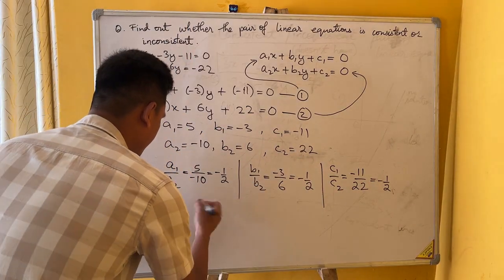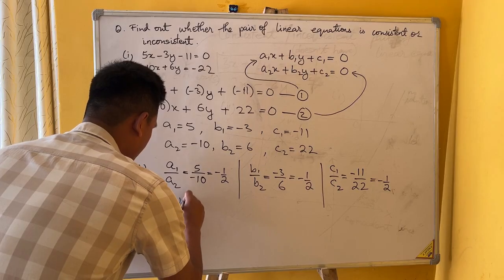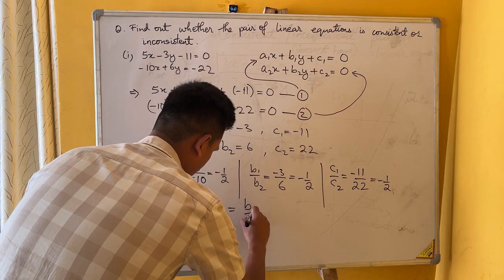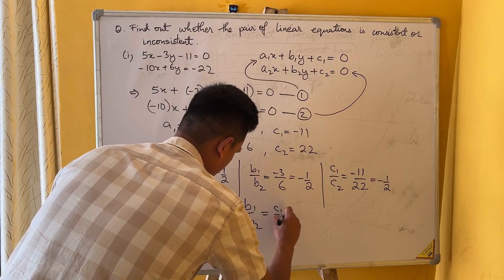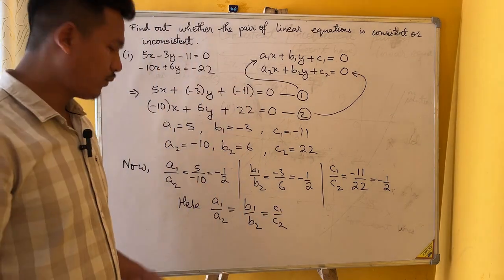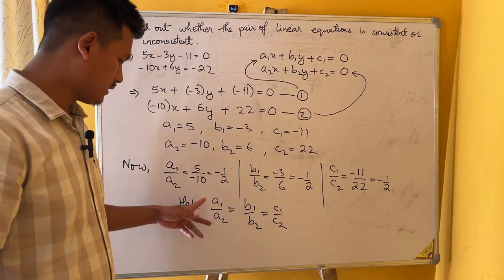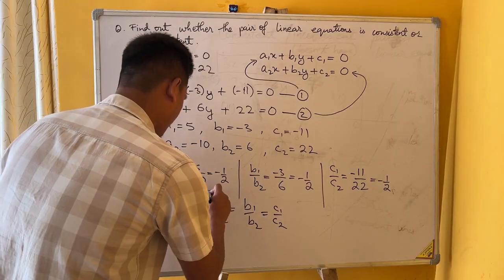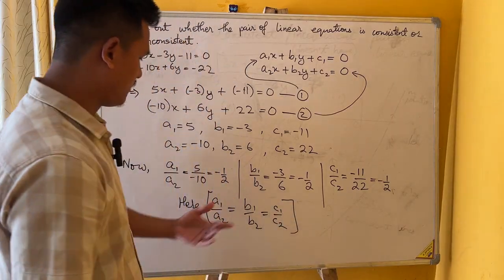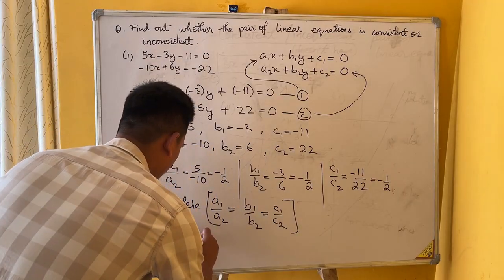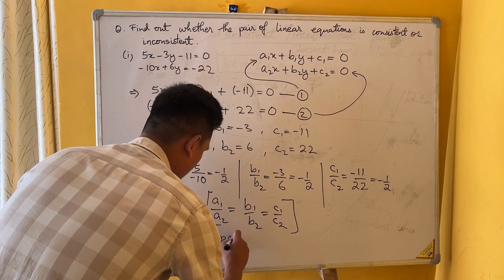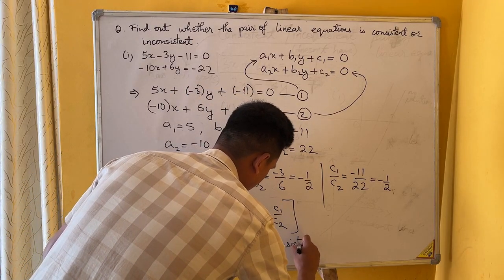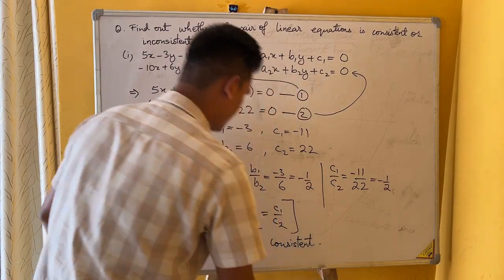So when the three ratios are such that a1 upon a2 equals b1 upon b2 equals c1 upon c2, then we say the pair is consistent. So this is your answer.